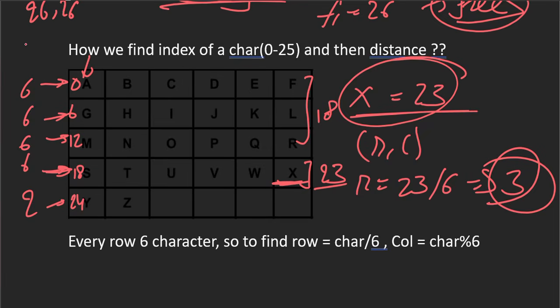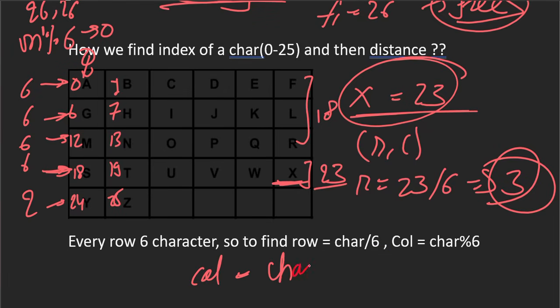So if you see their number, let's say n, and we take the remainder with 6, they all will give us the same remainder, that is 0. These all characters will give us remainder 1. So to find the column, we take the character number modulo 6.